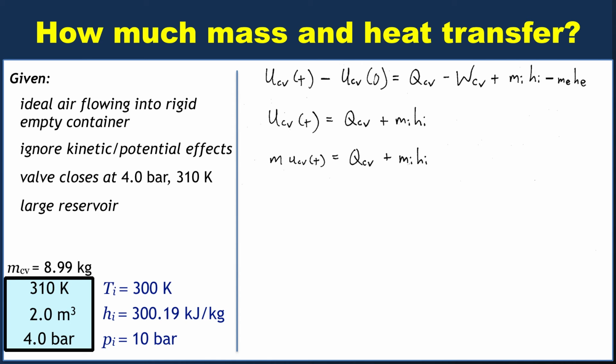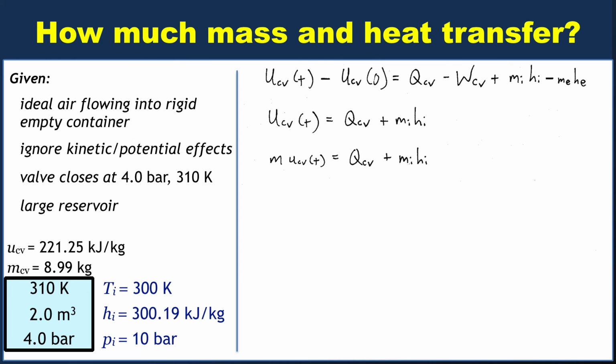You have to be a bit careful, so little u corresponds to the conditions inside the container. So the entry that you would want to look up would correspond to a temperature of 310 Kelvin, not a temperature of 300 Kelvin, which is just the condition at the inlet. You have to be careful and make sure you get that right. But if we look in the table, we see that u is 221.25 kilojoules per kilogram.